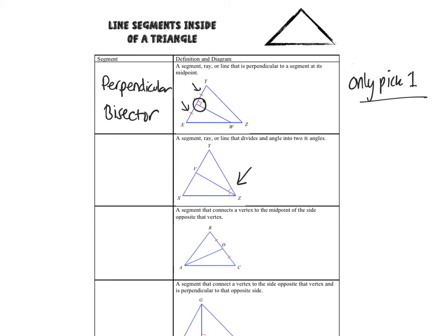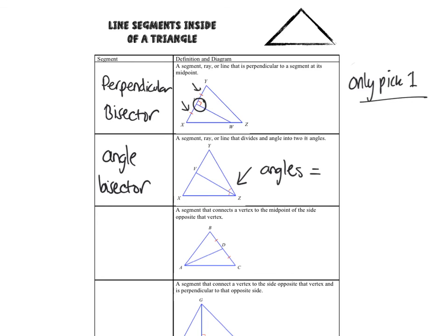Now notice what the next picture has. The next picture has two markings. They are angle markings, and they mean that those two angles are equal. So when we have angles equal, then we call this an angle bisector. Okay? So that's a picture of an angle bisector.